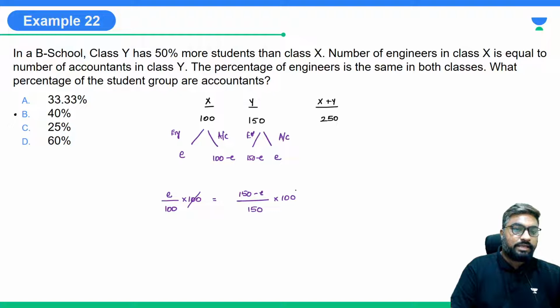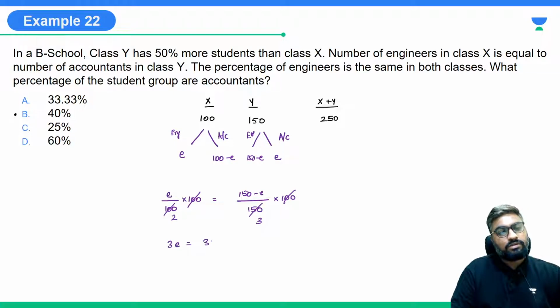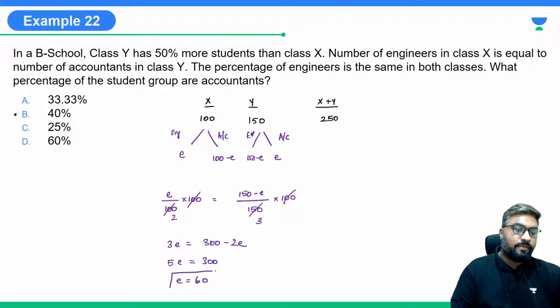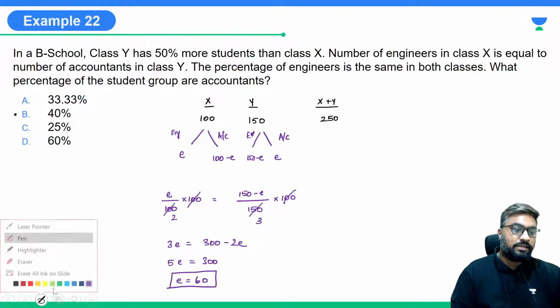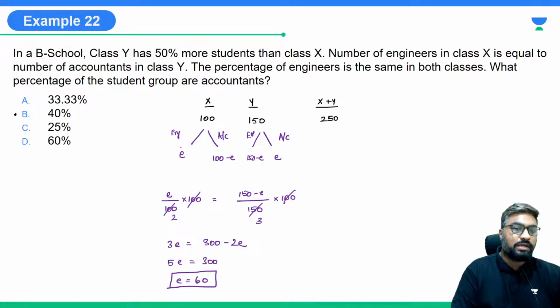So 100 gets cancelled out. This is 2 times, 3 times, cross multiply. You will get 3E is equal to 300 minus 2E, giving us what? 5E is 300 or E is 60. Yes, so with this we have the number of students now.